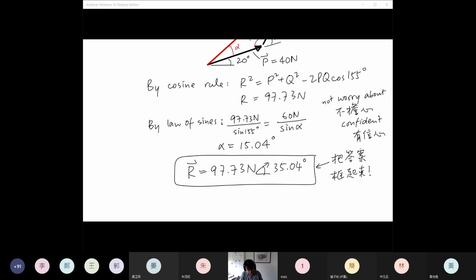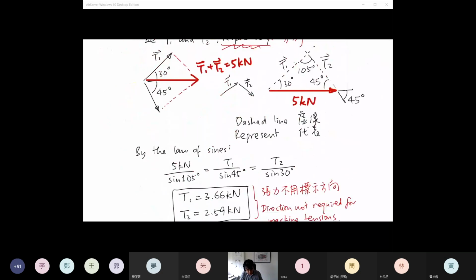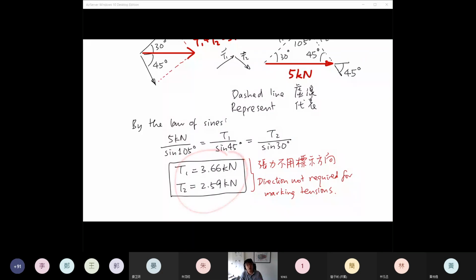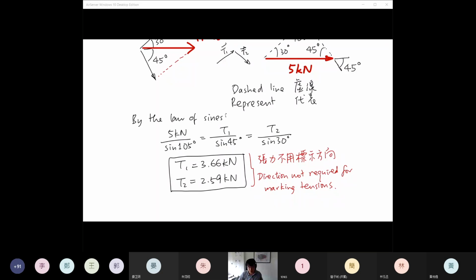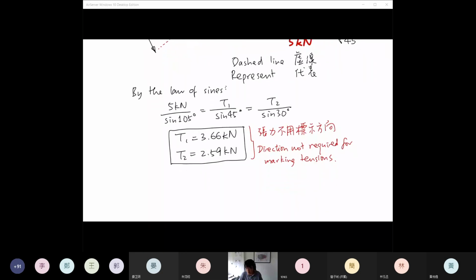But on page 7, because we are determining tensions, the direction is not required. Okay, you say okay.